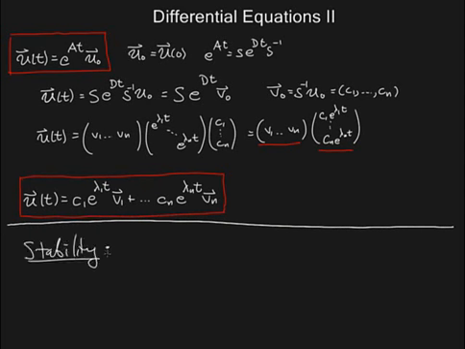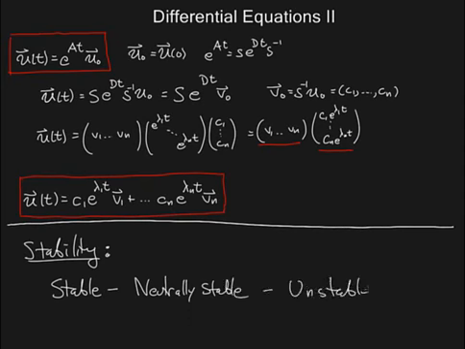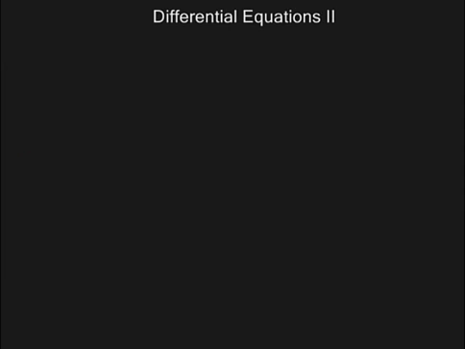Okay, I'd like to go on and now talk about stability of these solutions. We've talked about this before, but I'm going to give a somewhat more detailed discussion now. And we're going to have these three different types of stability. So we're looking at this differential equation, and I'm going to give a definition here.